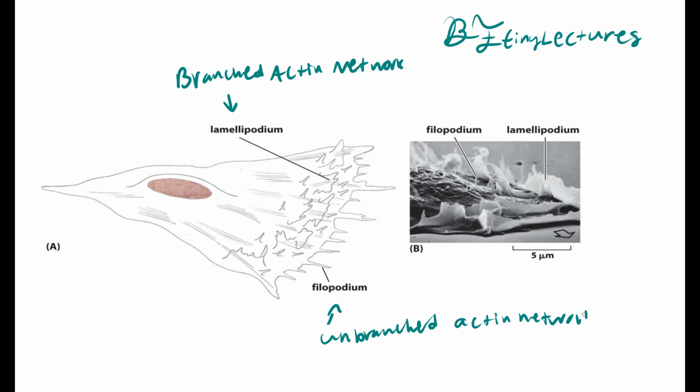When these 2 structures work together, they make the cell move quickly. If the cell only has the lamellipodium working and the filopodium is not operating, then the cell would not be able to move around. Therefore, you need both in order for the cell to move, in order for this actin to be able to polymerize.